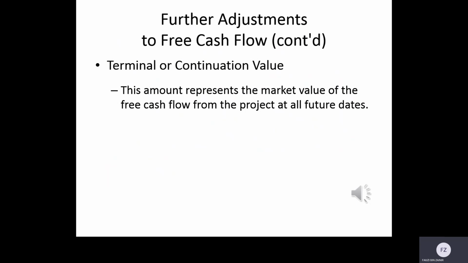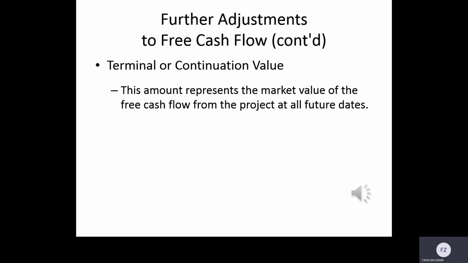Terminal or continuation value. At times, the project will last forever. Previously we based it on the project being 4 years, but if the project is going to be perpetual or run for a longer period, we don't really know when it's going to end, or if the company goes through expansion and generates free cash flows endlessly, we would like to know the actual value based on the continuation of the project.